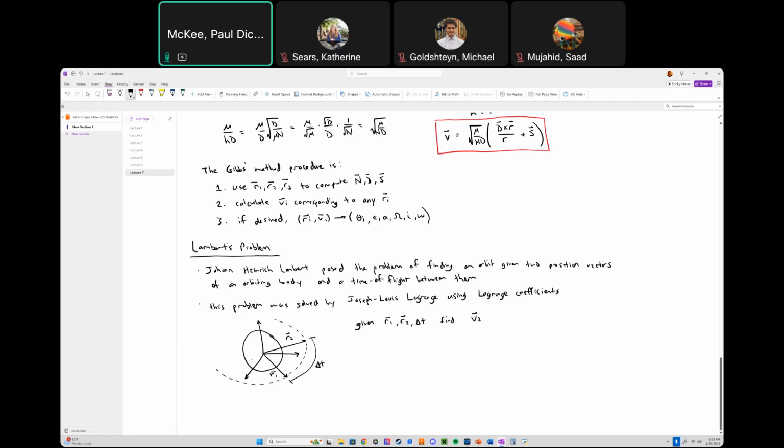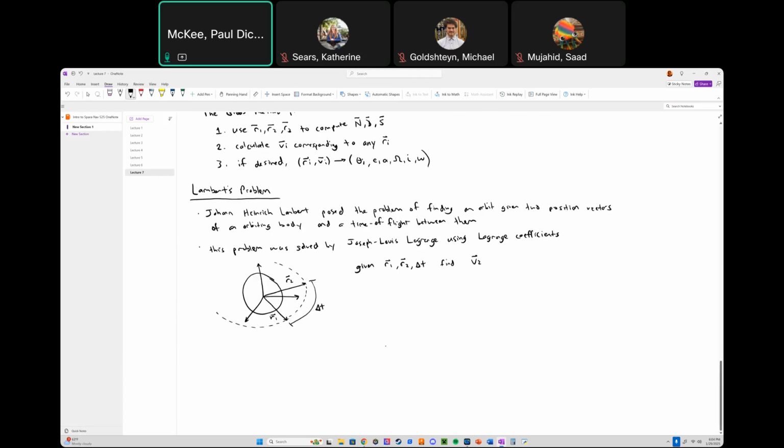We begin with what are called Lagrange's equations, which use Lagrange coefficients. So R2 is some function of R1 and V1.